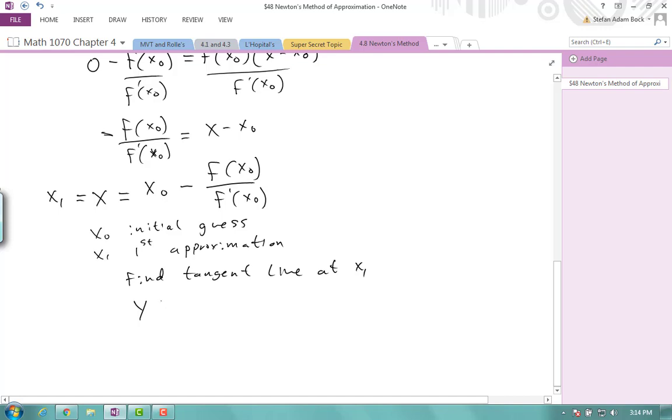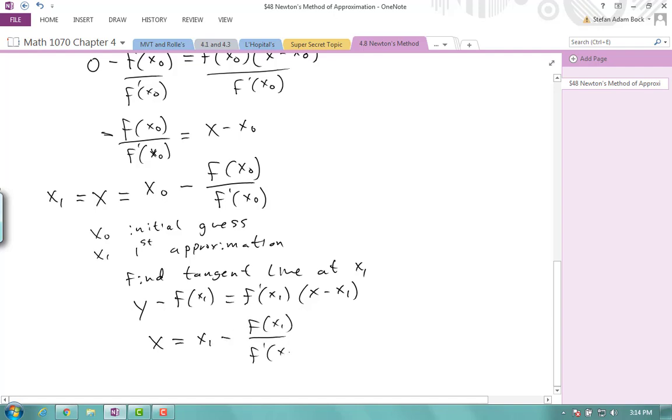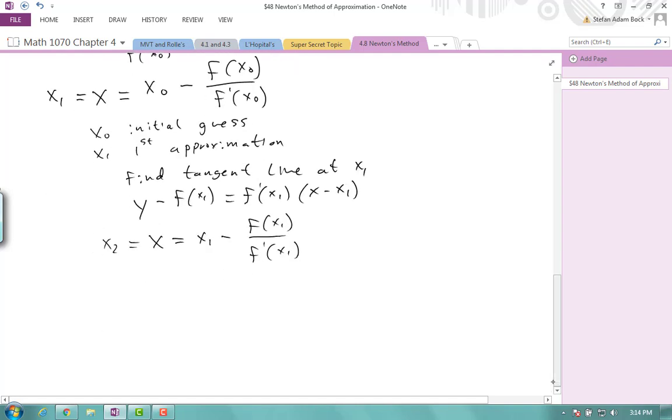I'll have y minus f of x sub 1 equals f prime of x sub 1 times x minus x sub 1. And I'm going to set y equal to 0 to find the x-intercept of this new tangent line. And then I'm going to solve for x. And I'm going to get x equals x sub 1 minus f of x sub 1 all over f prime of x sub 1. And this is going to be my second approximation.